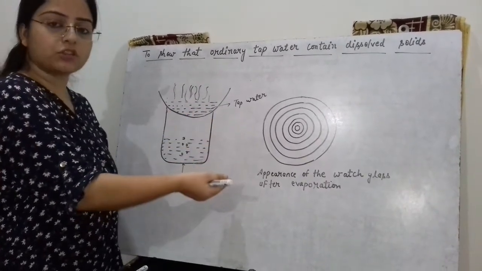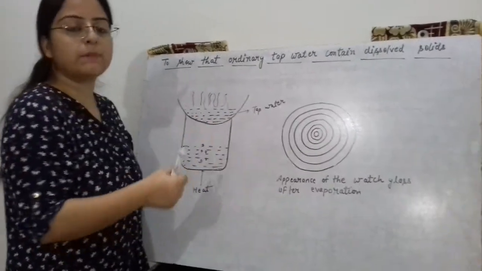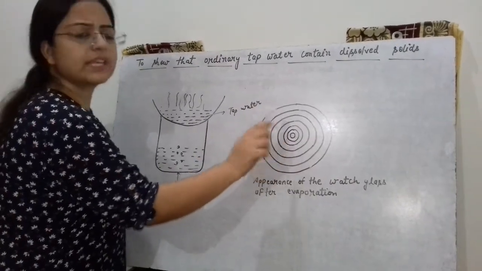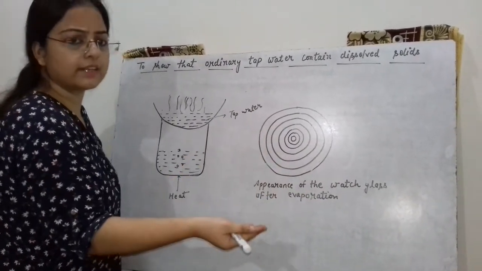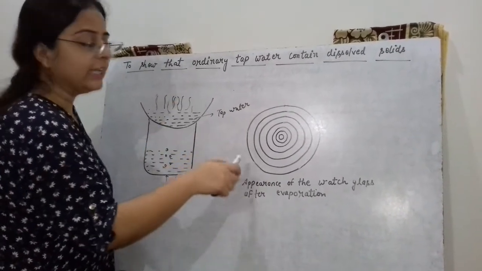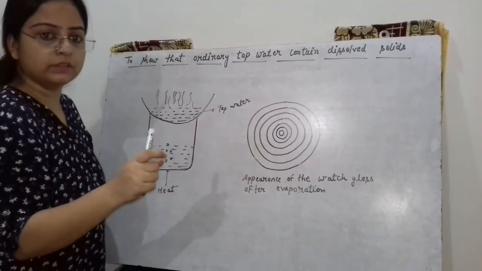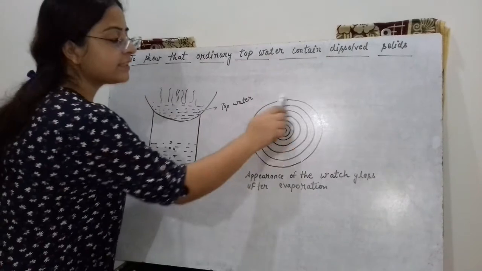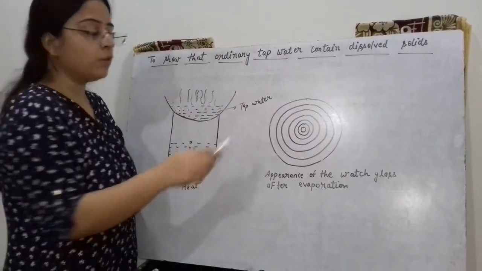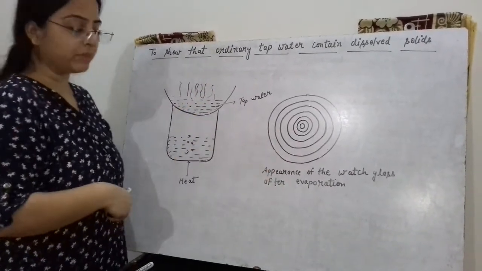On cooling this watch glass, we will see that a number of concentric rings will be formed. Concentric rings means a number of rings with the same center, they are called concentric rings. So when we see this cool watch glass against light, a number of concentric rings of solid matter will be seen, and these are the concentric rings of the dissolved solids which are formed when all the water from this watch glass has evaporated.